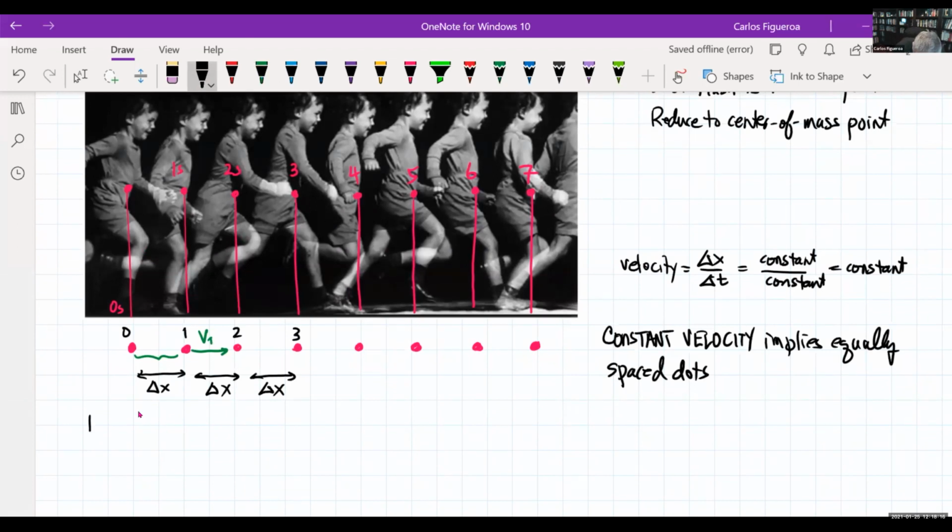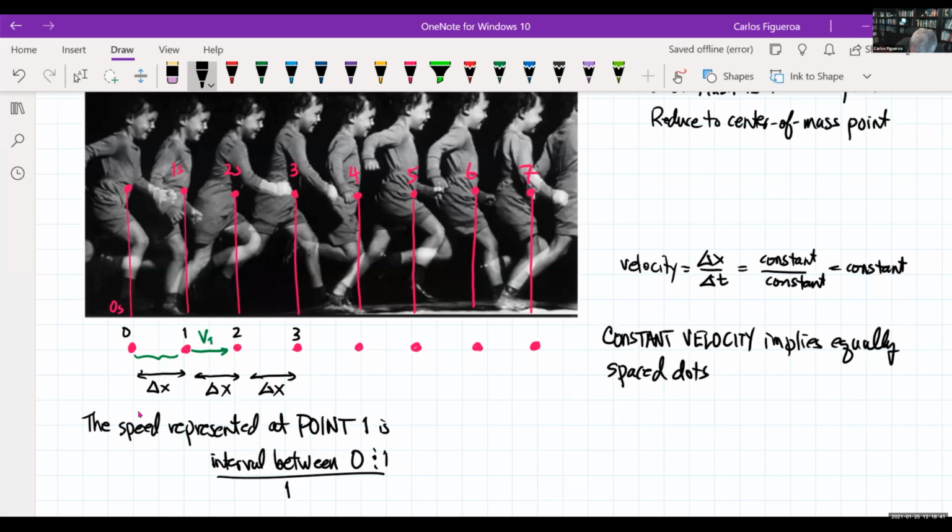The speed represented at point 1 is the interval between 0 and 1 divided by 1 second. So when I draw that velocity v1, note that it is not represented by the interval between 1 and 2.